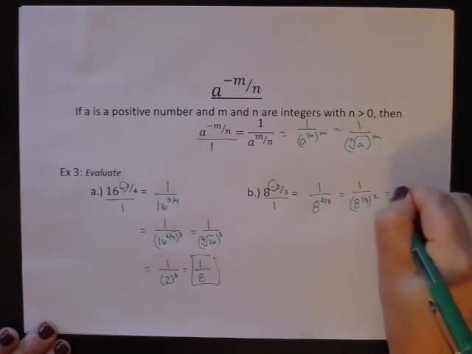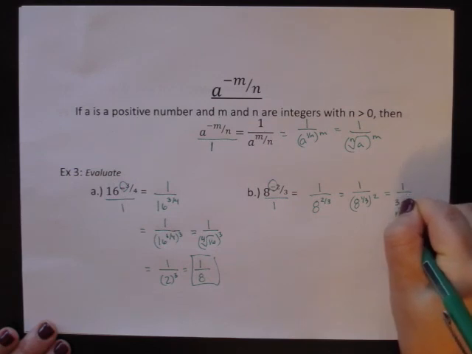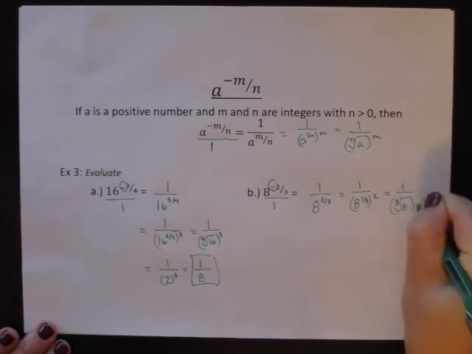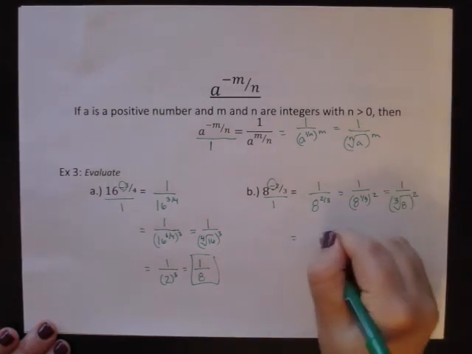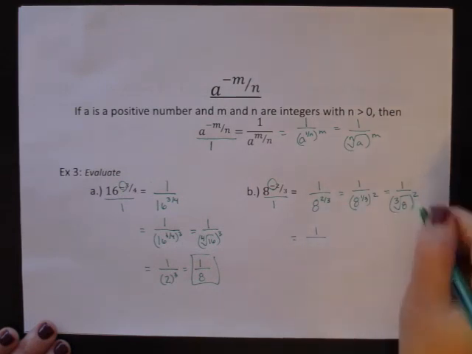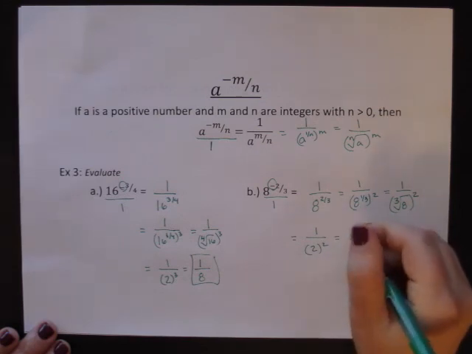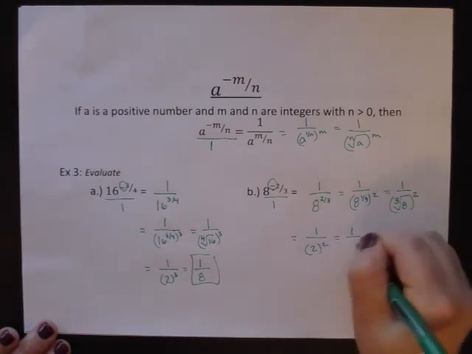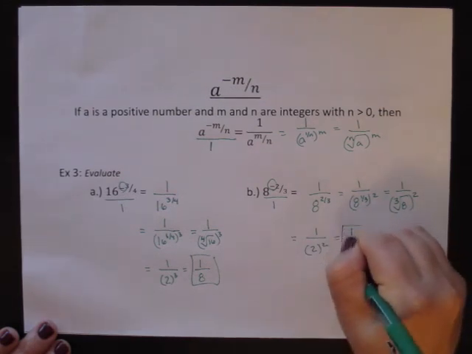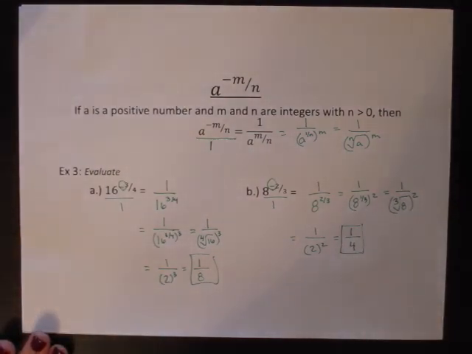Then I turn it into radical form, so this would be 1 over the cube root of 8 raised to the second. The cube root of 8 is 2, raised to the second. And 2 times 2 will be 4. So my final answer would be 1 over 4.